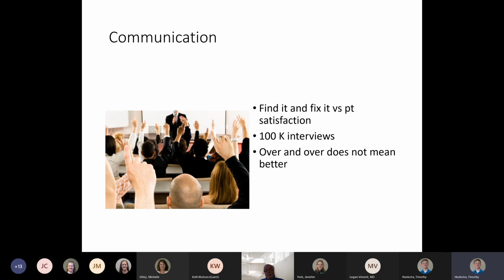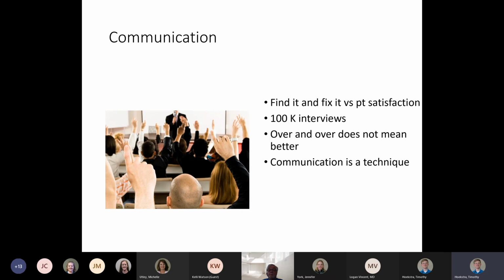So if you went to a desert island with a golf club, you wouldn't end up being Tiger Woods. Even Tiger has a coach, right? So all of us need coaching. You need to be thinking about this. And sometimes the coaching can be your own coaching, but really an awareness of how you're interacting with people, how things go. The next thing is communication is really a technique, and this is something that can be learned.